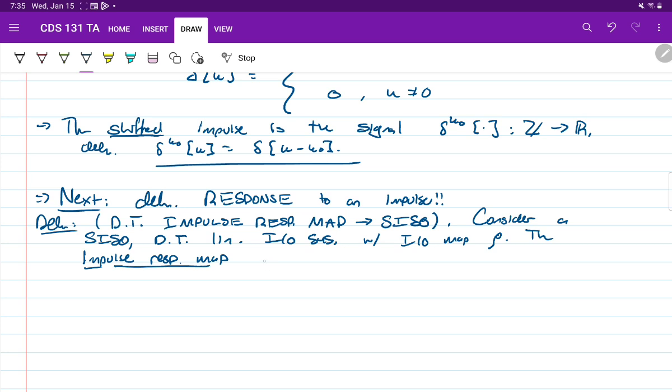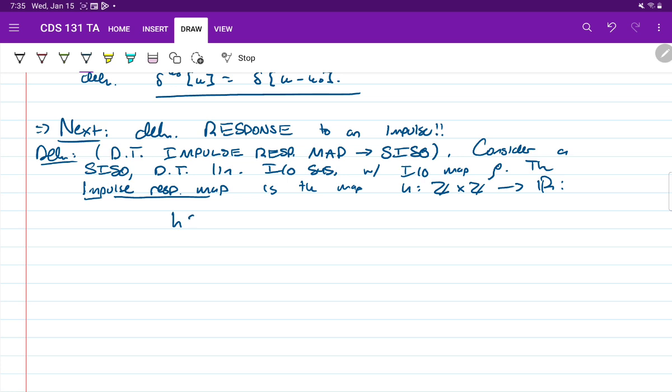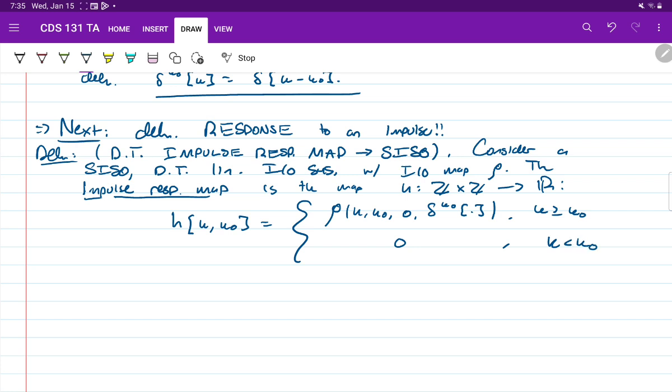is the map H, which takes in two integers, so it goes from Z cross Z, and returns a real number. It's defined as follows: H at K, comma K naught, is defined as rho of K, K naught, 0, delta K naught, if K is greater than or equal to K naught, and it's 0 if K is less than K naught.